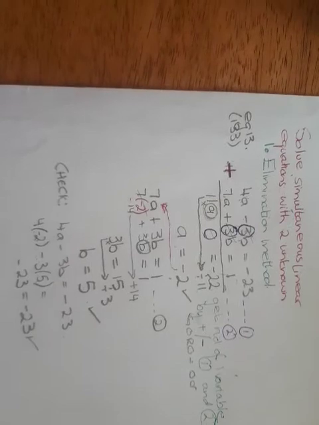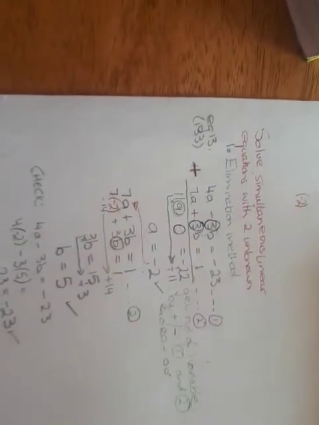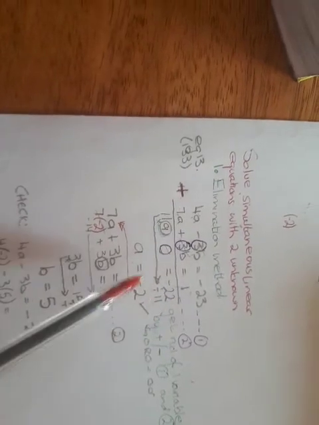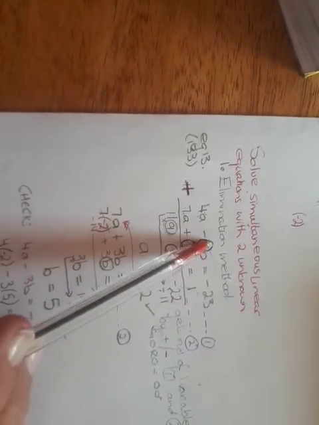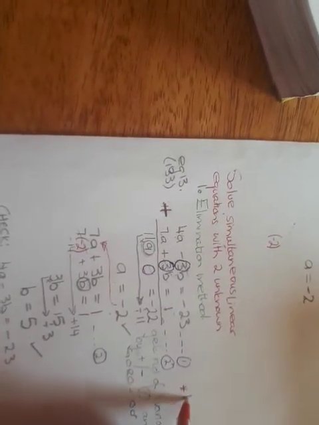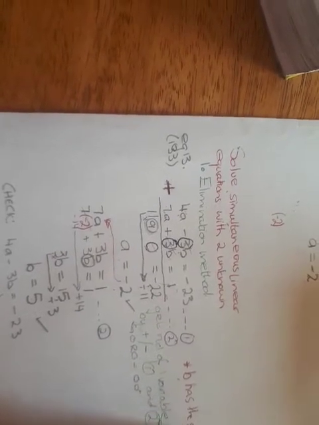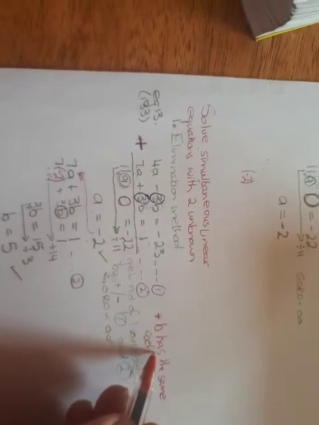Okay, I want to just go through quickly again what the steps are that we have done. So number 1 is we found that one of the variables has the same coefficient. So b has the same coefficient.